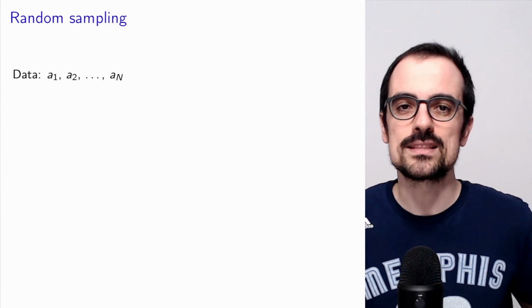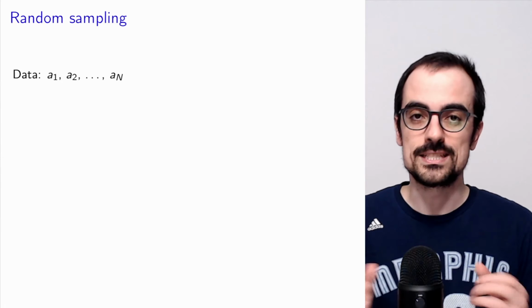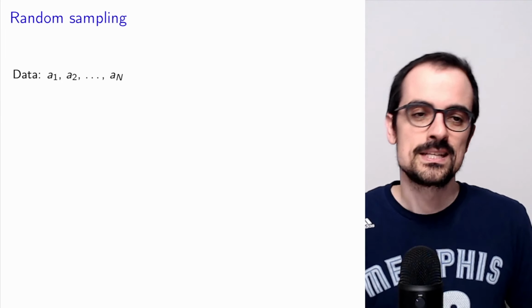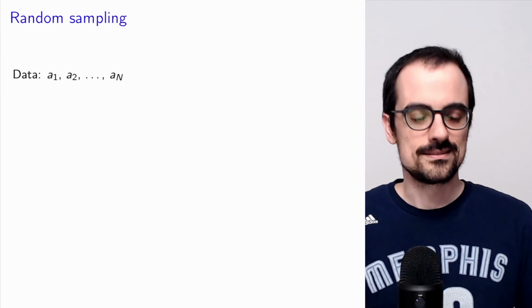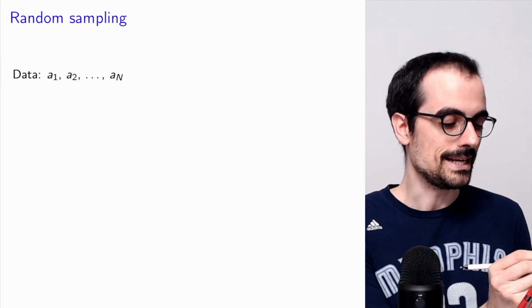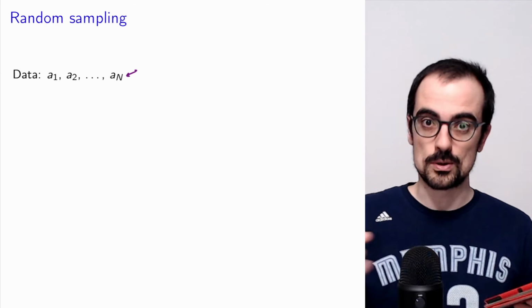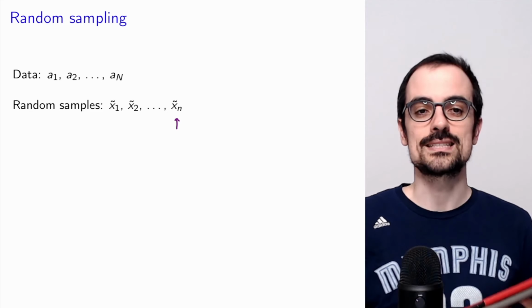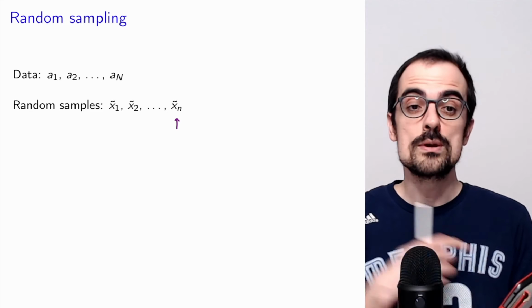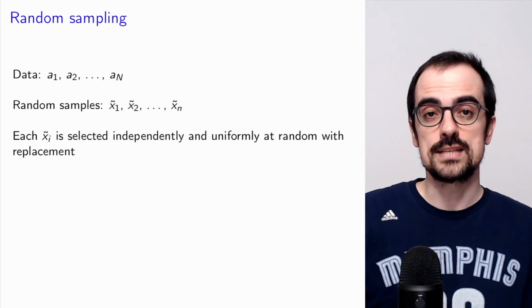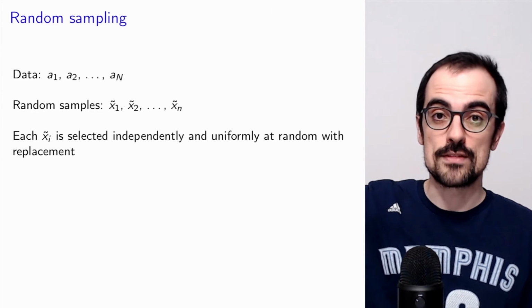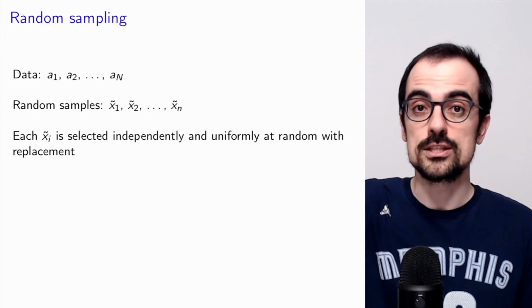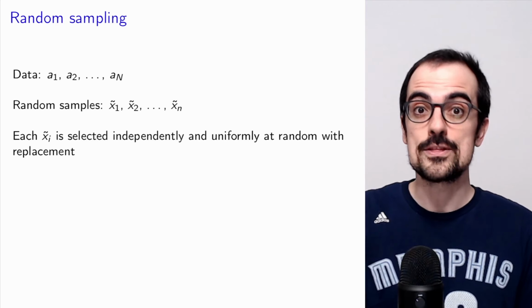But before, let's remind ourselves how we model this measurement process, which is random. So these are the data from the whole population. Big N is the number of points in the whole population. What we get to see is small n data points that are random. The way we model this is that each data point is selected uniformly at random from the population. There's the same probability of picking each individual, and they're independent.